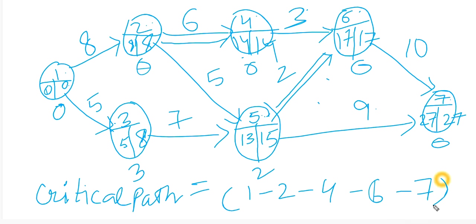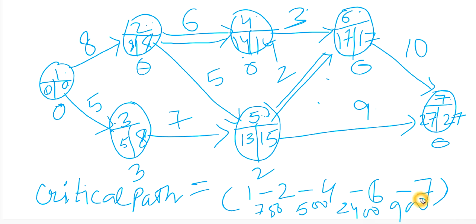Again I will write the cost per week of all the activities of the critical path. So the cost per week of 1 to 2 is 750. 2 to 4 is 500. 4 to 6 it is 2400, and for 6 to 7 it is 900.